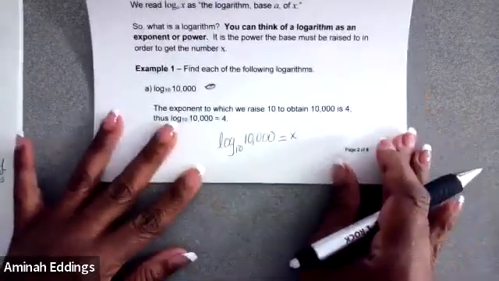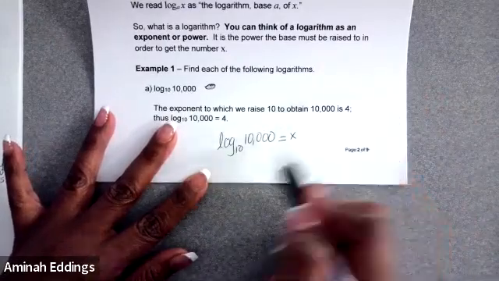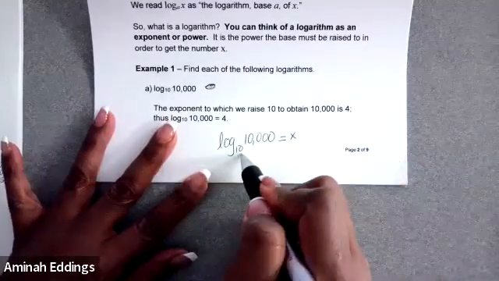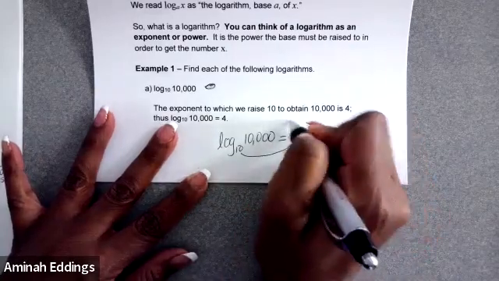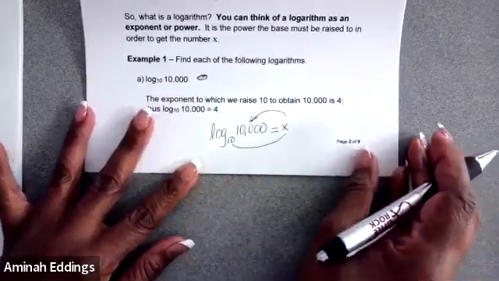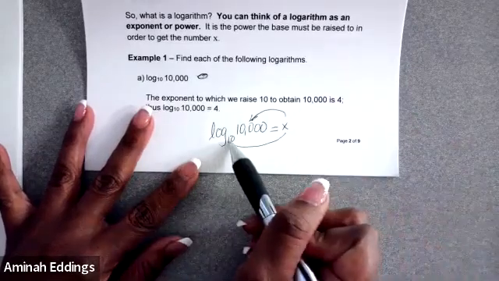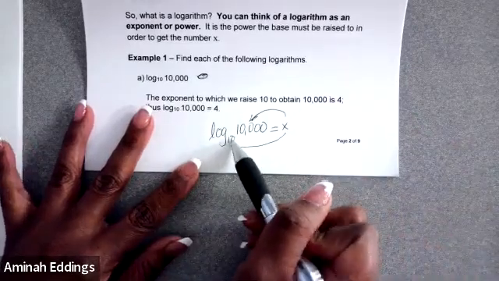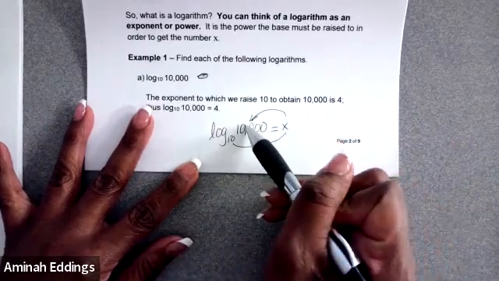We don't know what that is. That's what we're looking for. So to put this in exponential form, we can say 10, because this is our base, to the x power is equal to 10,000. Okay, so again, to go from logarithm to exponential form, we start with the base, 10 to the x power equals 10,000.